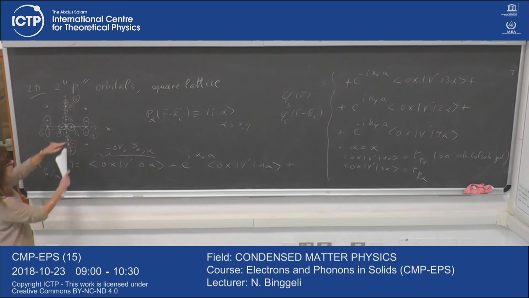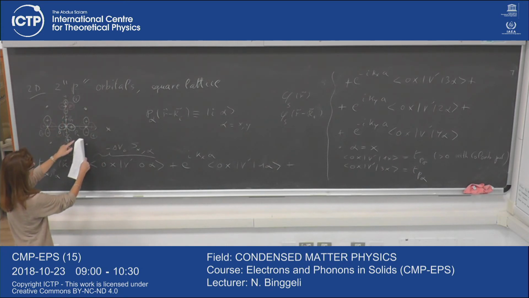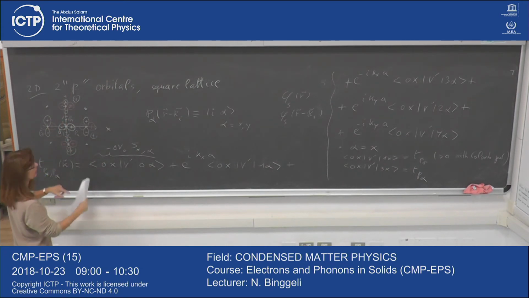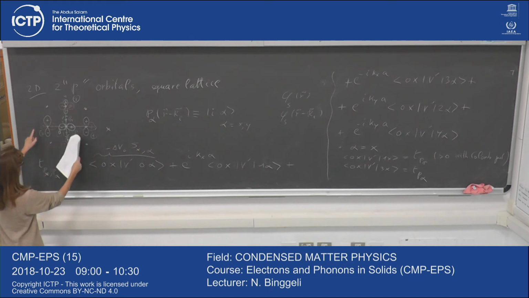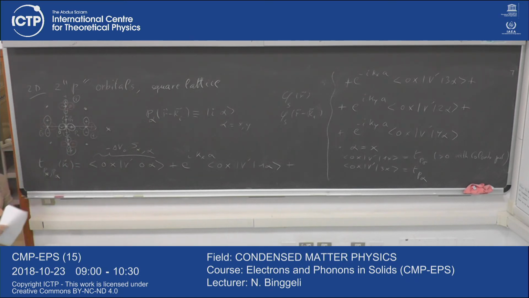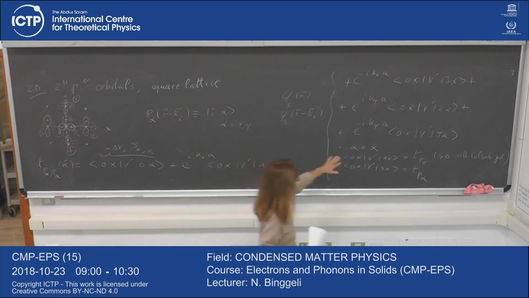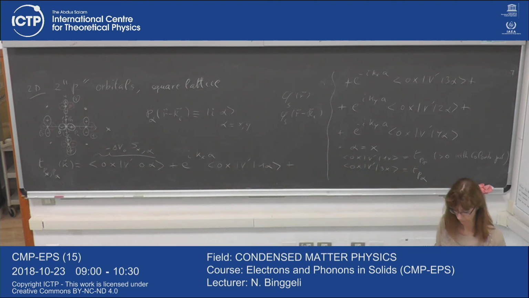So in the end, the product I get here with the crystal field integrated will be the same as the product I get here with the crystal field integrated. Okay? So these two things will be the same.